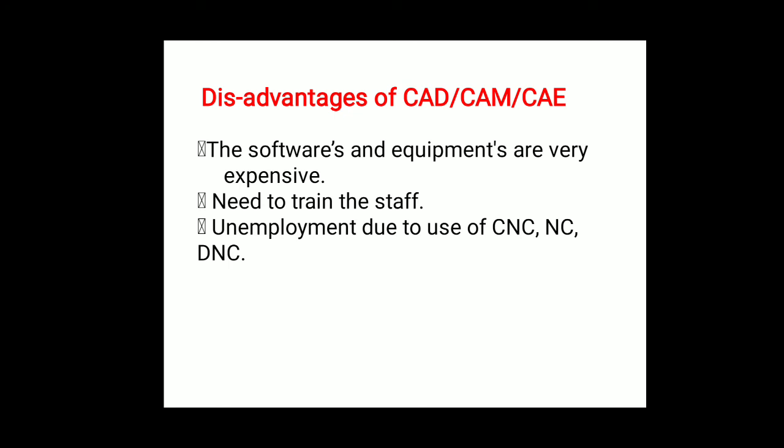Need to train the staff: for these high quality machines, we require trained staff for making the NC part programming and operating the machines. That is also a main disadvantage. Unemployment due to the use of CNC, NC and DNC automation machines. It will create some unemployment due to the use of more automation systems. So these are the disadvantages of the CAD CAM CAE system.